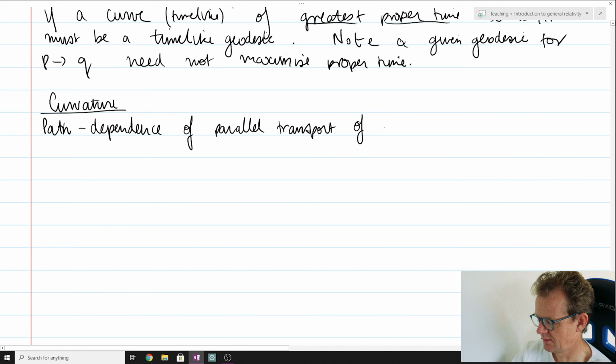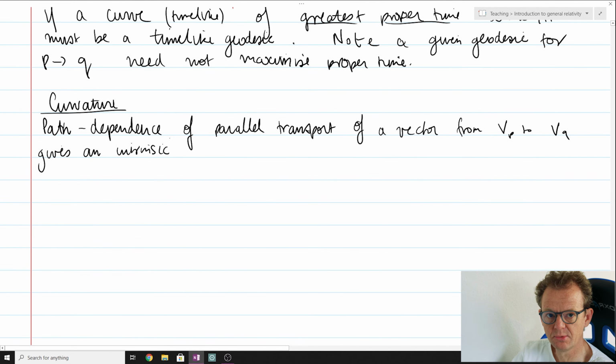So if you parallel transport a vector from the tangent space at some point P to the tangent space at some point Q, then this gives an intrinsic, right? Parallel transport doesn't depend, and vectors don't depend, on knowing if your manifold's embedded in some other manifold.